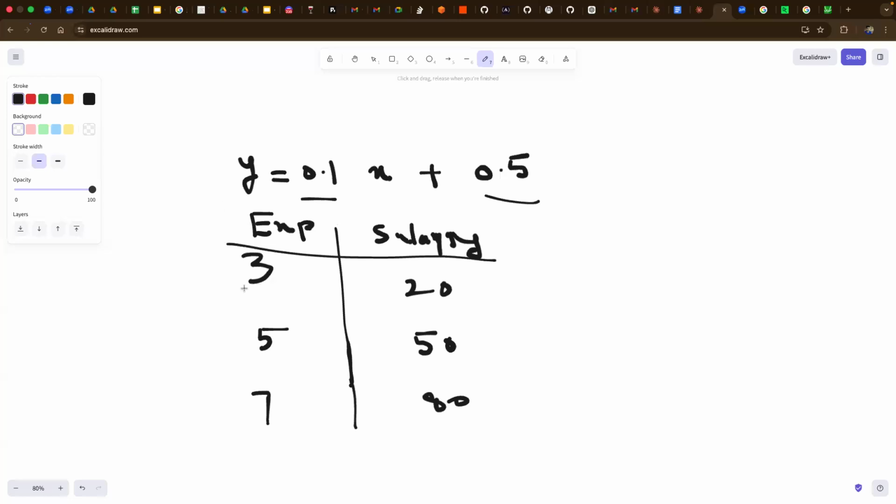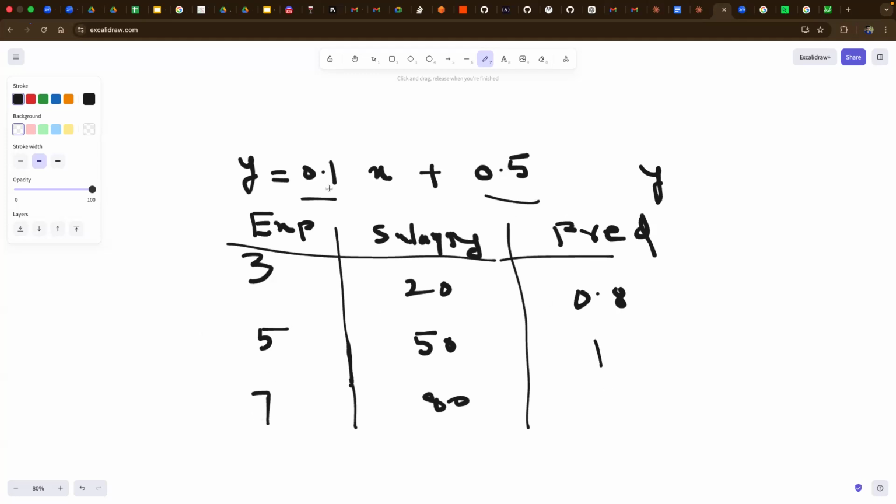So if you substitute these values here, what would our model predict? If we substitute 3 here, 0.1 into 3 is 0.3 plus 0.5, it is 0.8 that we are getting. And if you substitute 5, 0.5 plus 0.5, it is 1.